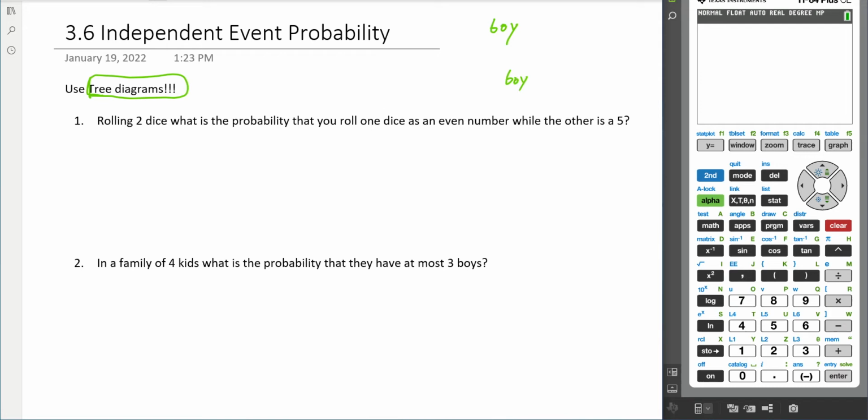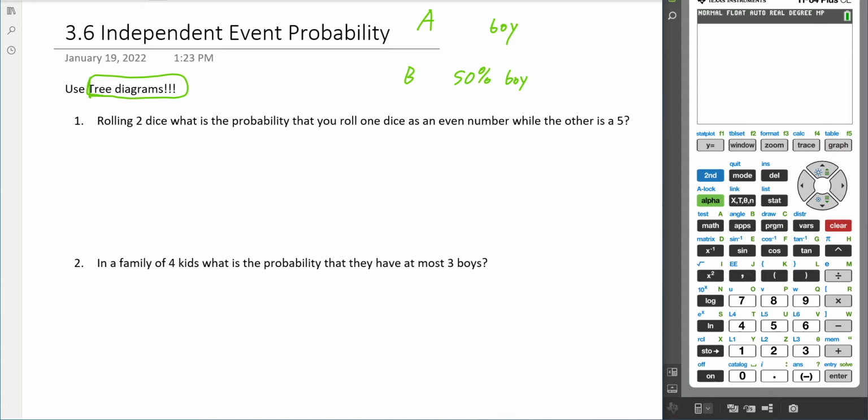Well, it is still a 50-50 chance. It doesn't matter what happens in event A, event B has the same chance, regardless.